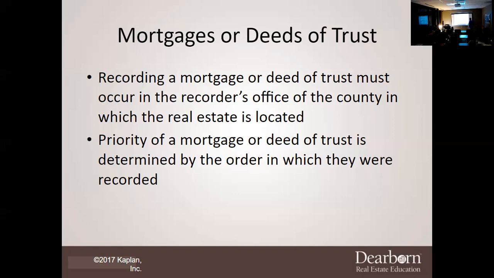So the key thing, and I emphasize that because you will see that on your test, I promise you that, the deed or anything relating to that property must be in the county in which the real estate is actually located. Even if you reside in Maine and you're buying in California, you have to file the paperwork where the real estate is located. You cannot file it where your primary residence is if you're out of state. It has to be within the county where the real estate is located. Okay.